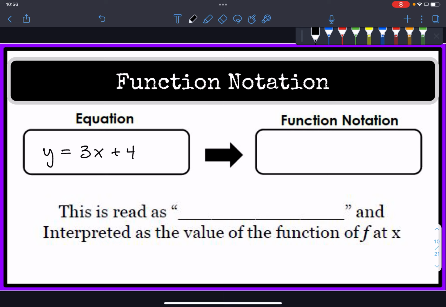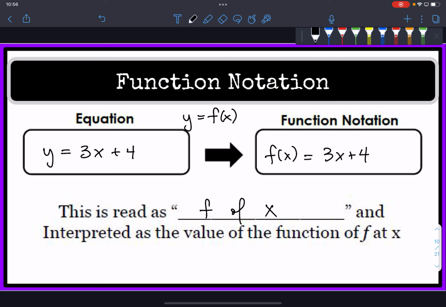And function notation is simply recognizing that the value of y, which is the same thing as the symbol f of x, that's how we read this, we read this as f of x, can replace the variable y, and we can write our equation as the function 3x plus 4. So in very layman's terms, it just simply means that we're replacing y with this notation of f of x.